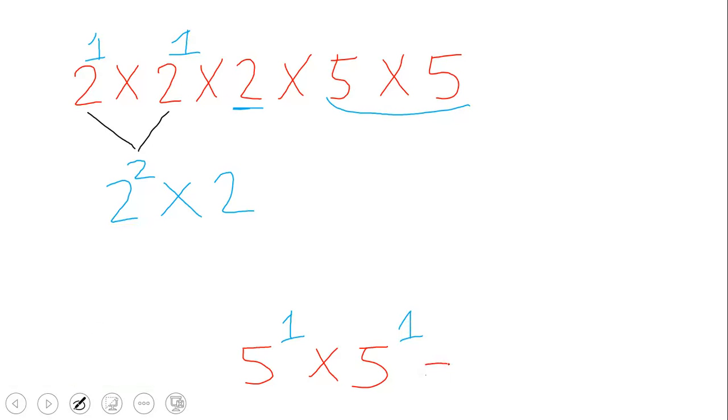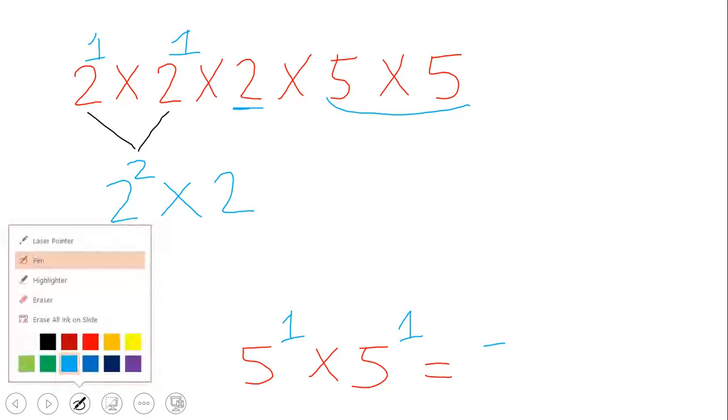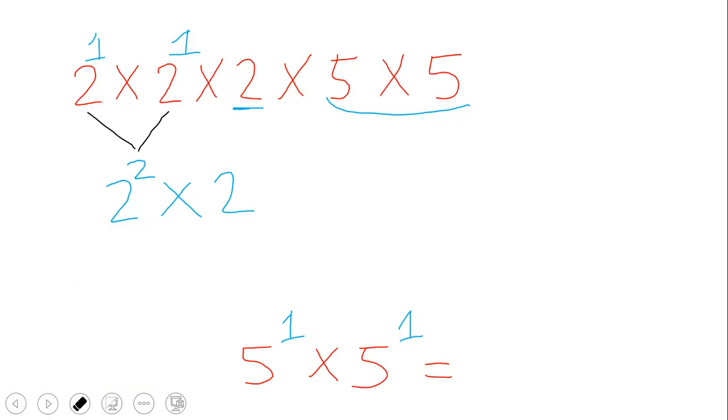So it's going to be 5 to the power of 1 plus 1, and we know that 1 plus 1 is indeed 2.